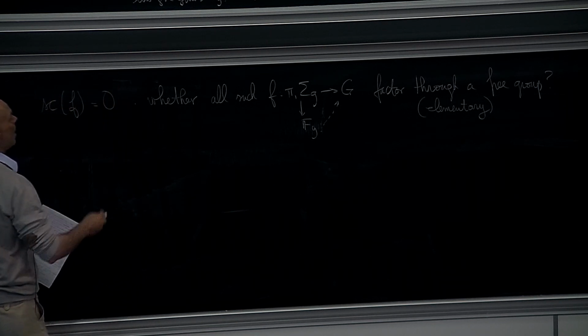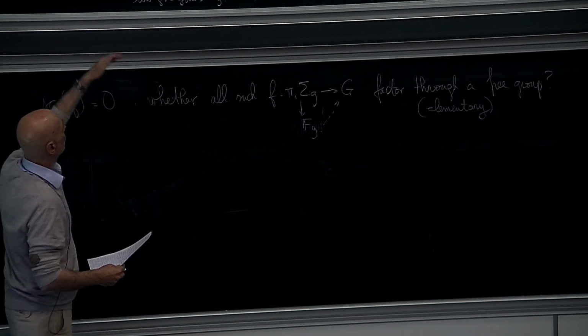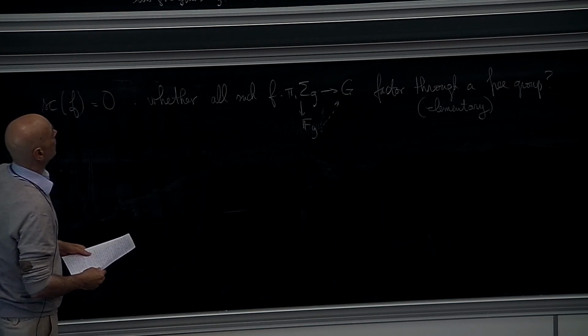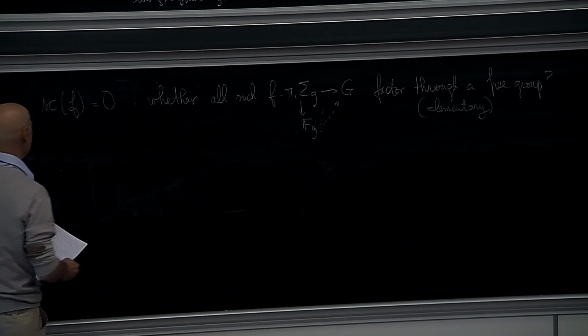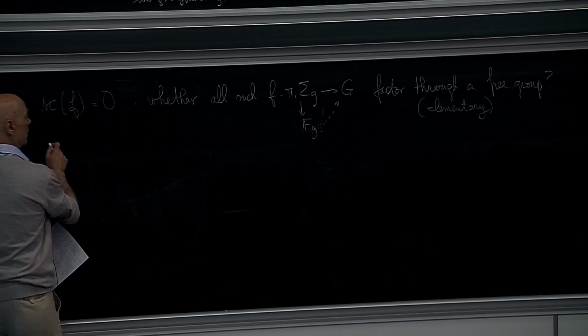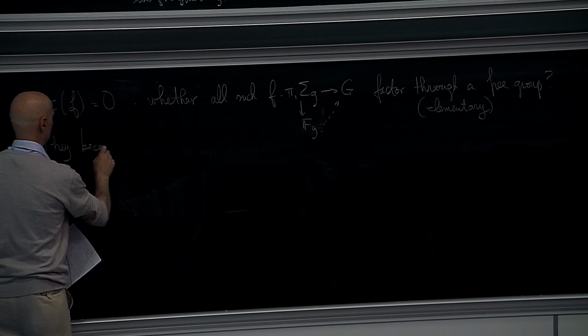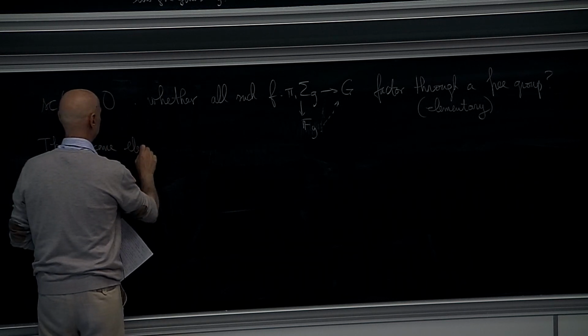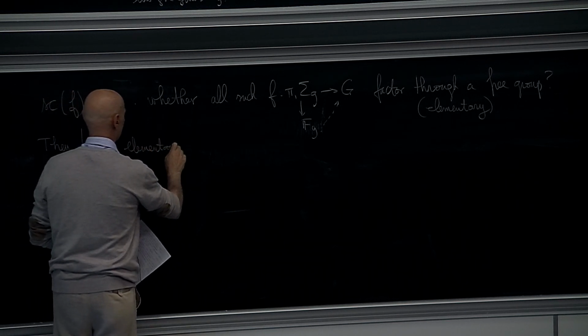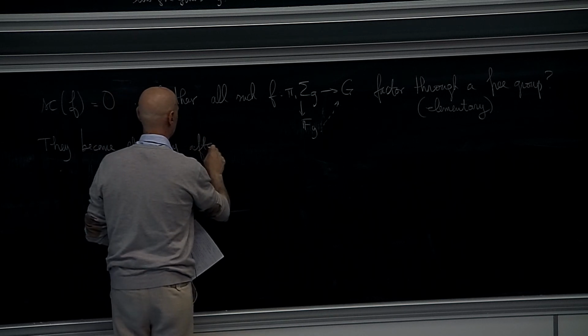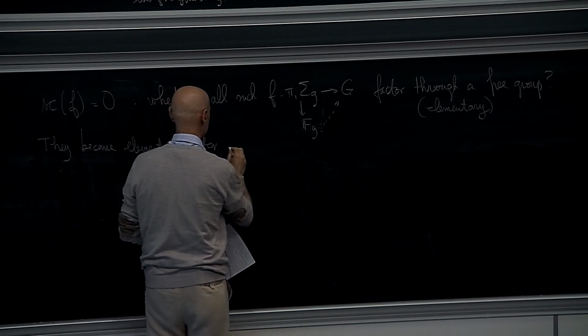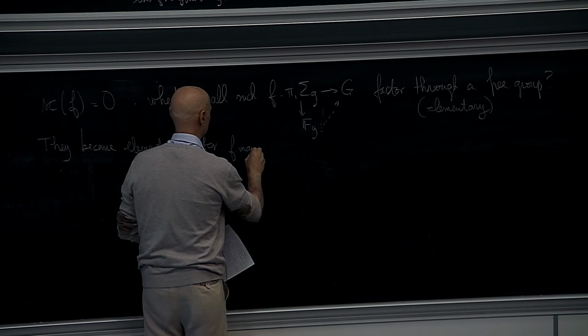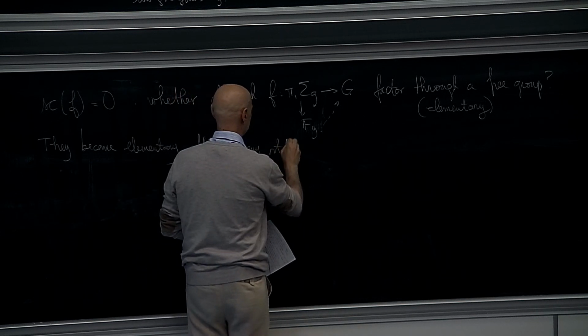So as above, because the Schur class is 0, we know already from the stable equivalence that they become elementary after finitely many stabilizations.